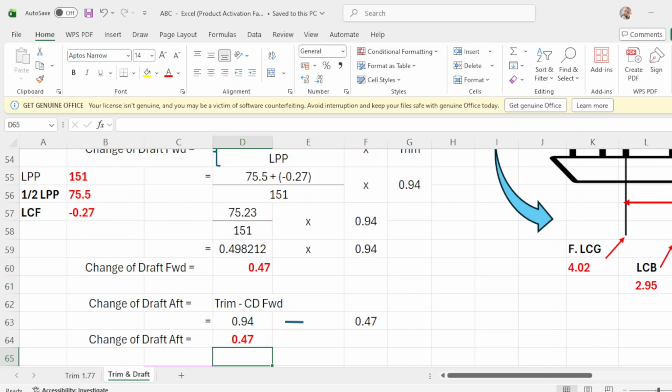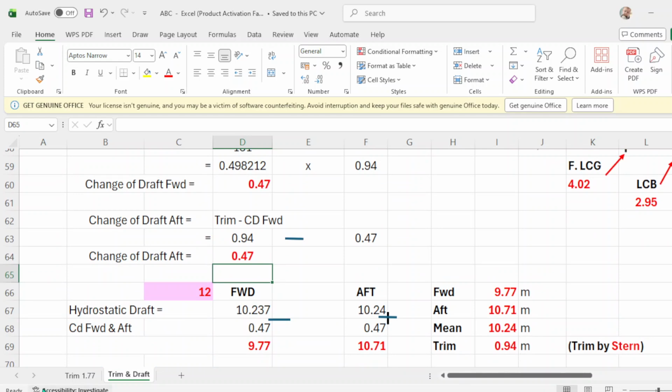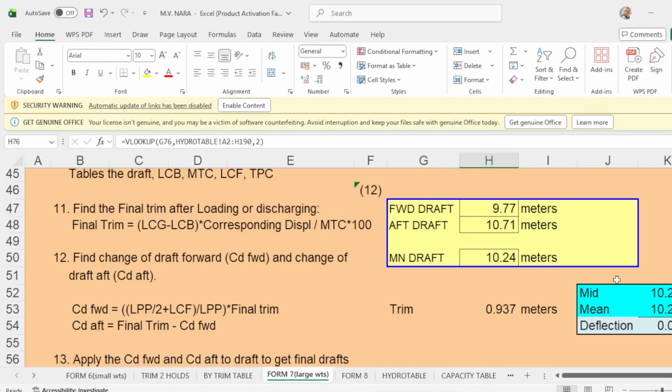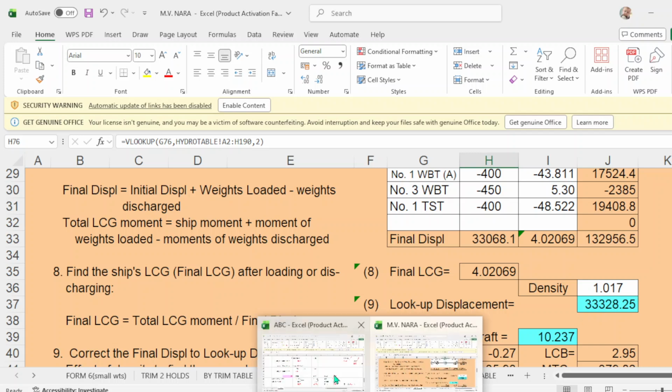Then you go down, put your hydrostatic drop or your mean drop, which is this one of 10.237, because this is corresponding displacement of 3328, which is this one.